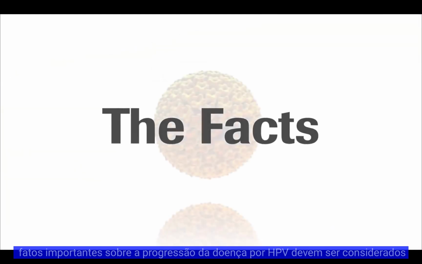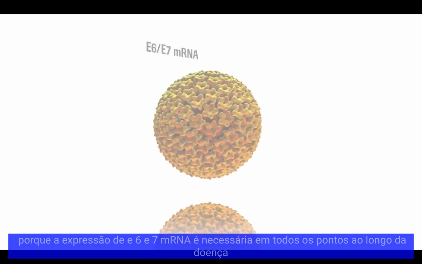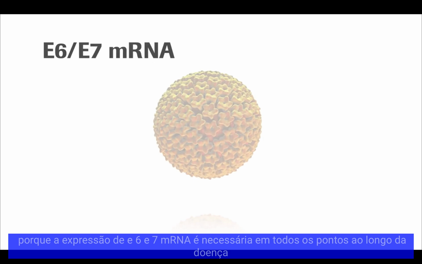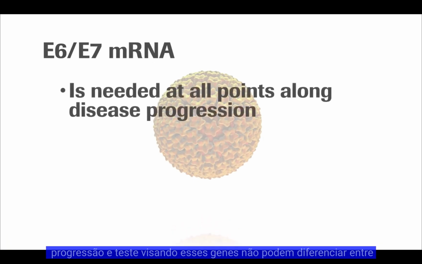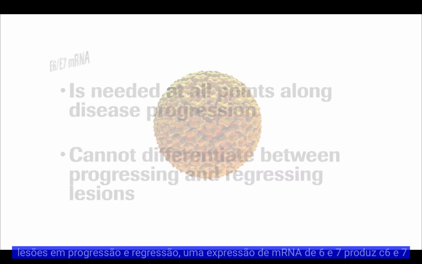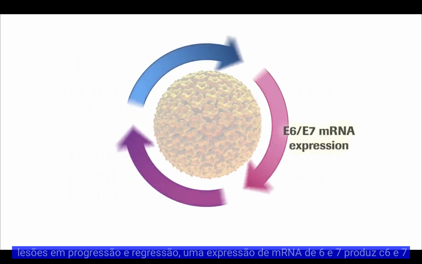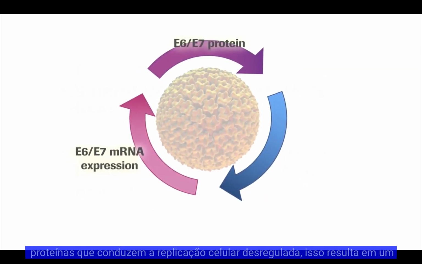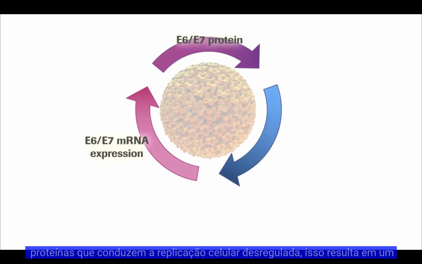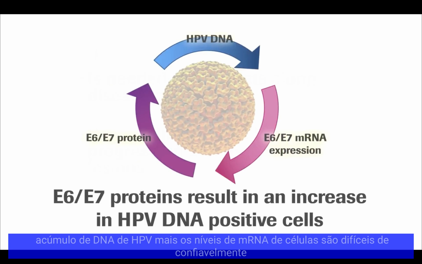Several important facts about HPV disease progression are worth considering. E6, E7 mRNA expression is needed at all points along disease progression, and tests targeting these genes cannot differentiate between progressing and regressing lesions. E6, E7 mRNA expression produces E6, E7 proteins, driving dysregulated cell replication. This results in an accumulation of HPV DNA plus cells.